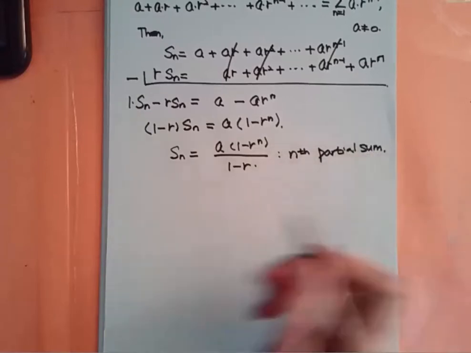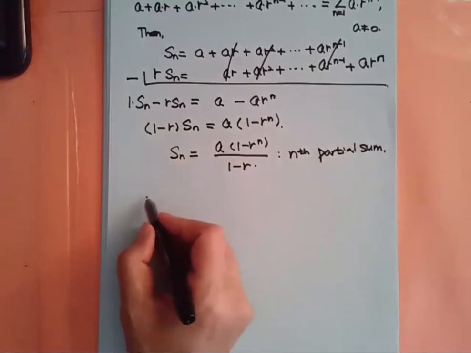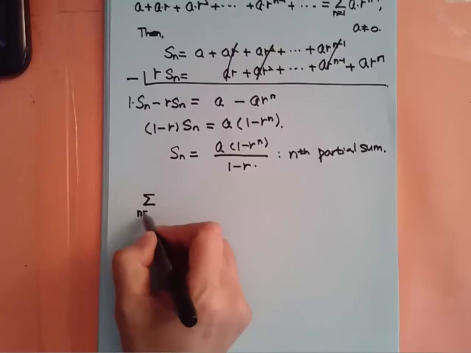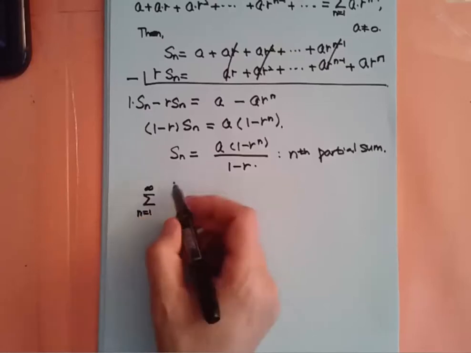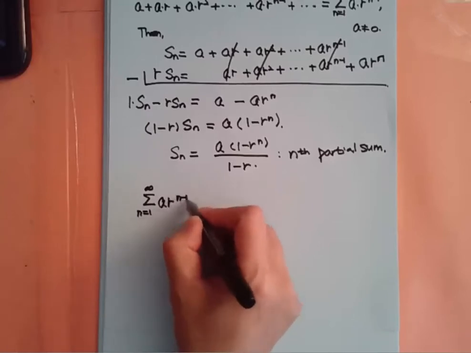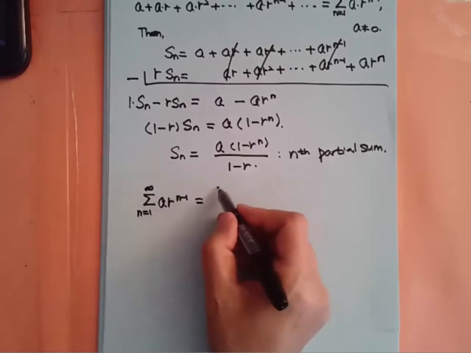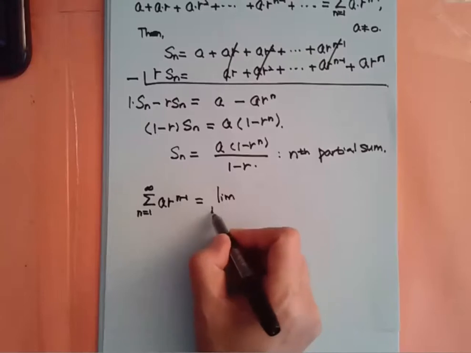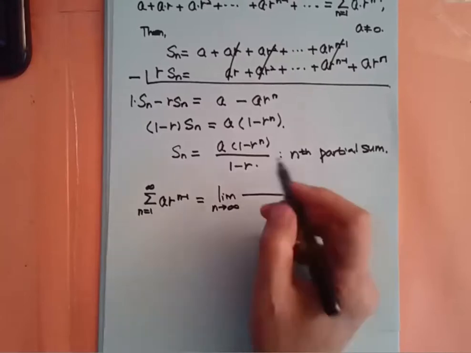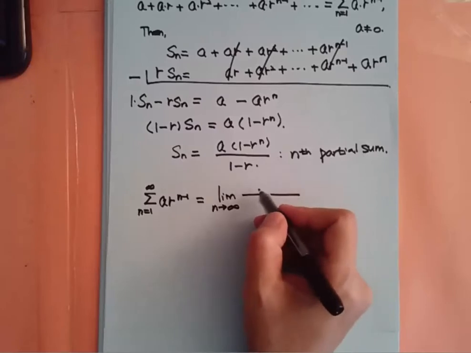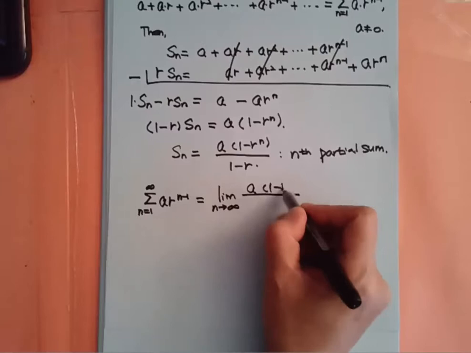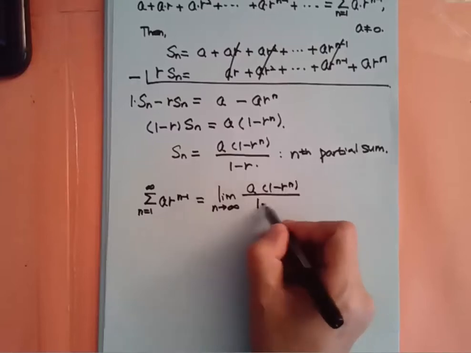But if we want to think about the infinite sum of the geometric series, then we have to consider the limit of the nth partial sum. So we consider the limit as n goes to infinity of a times 1 minus r to the n power over 1 minus r.